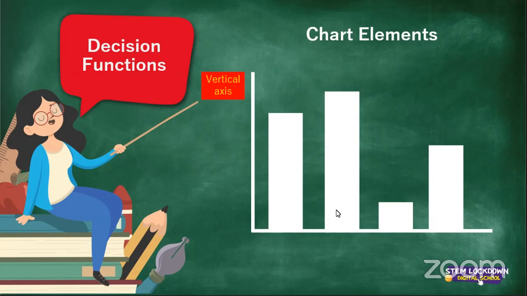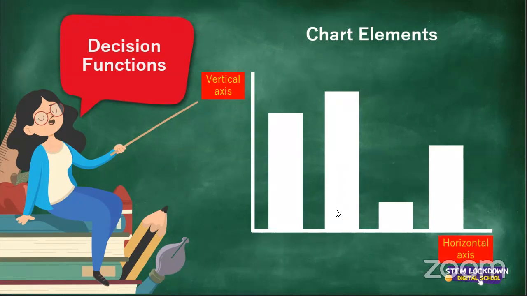For example, you might want numbering that goes like 0, 5, 10, 15, or you might want to change the numbering to go like 0, 2, 4, 6, or 1, 2, 3, 4, 5. So there are options available on the vertical axis for you to change, as you will see in an example that we're going to do.